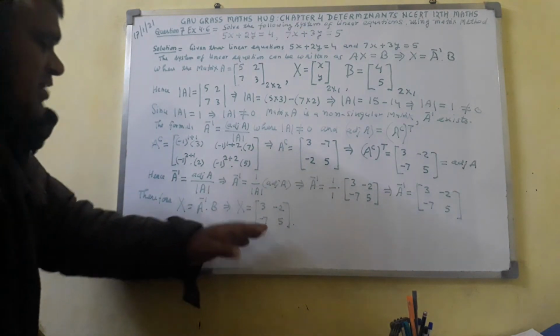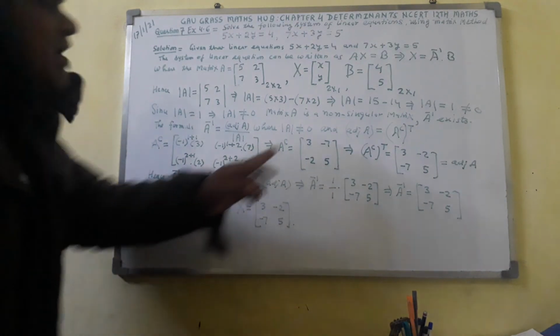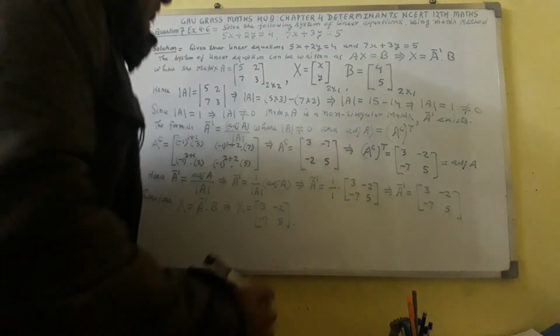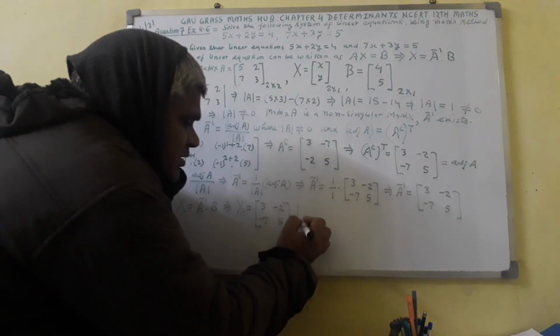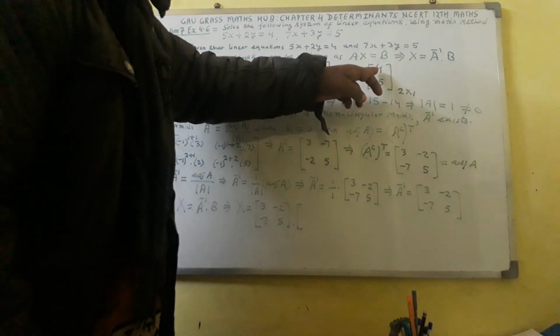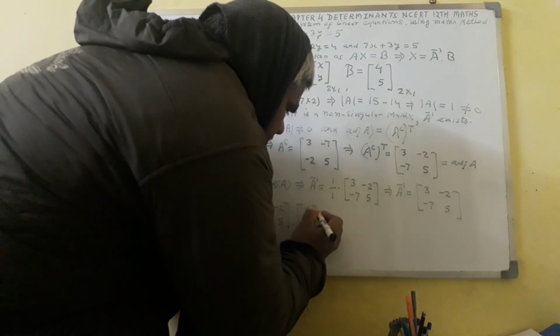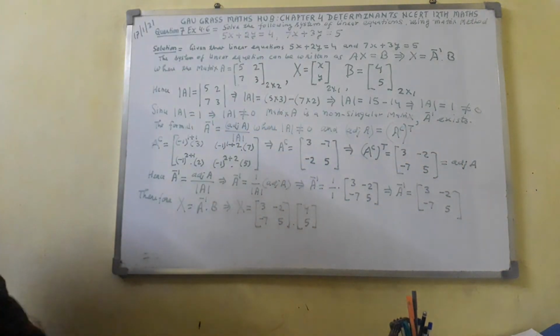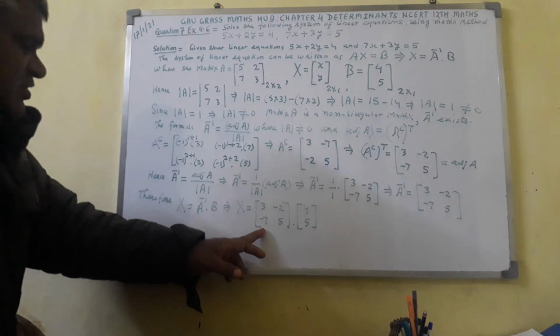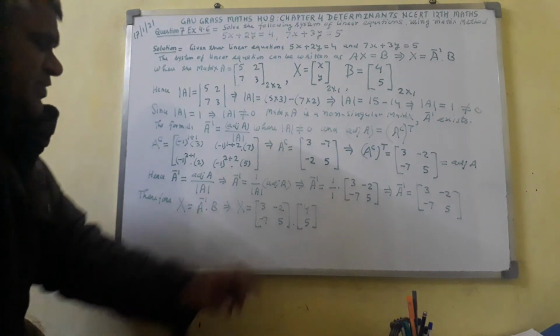A inverse matrix I have written here, and now I shall write matrix B. Matrix B, this matrix will be written, elements 4 and 5. So here write 4, here write 5. A inverse matrix is multiplied to matrix B.